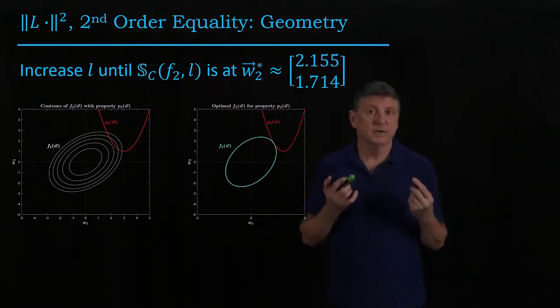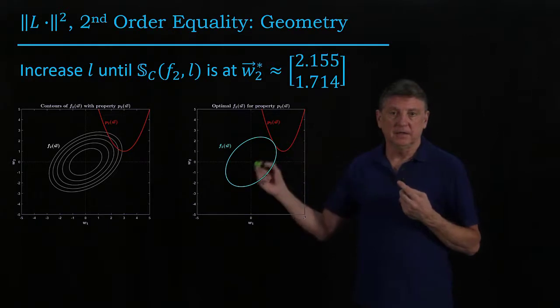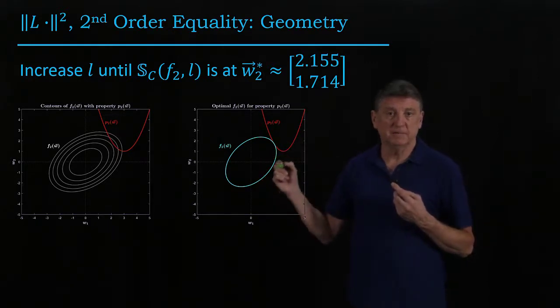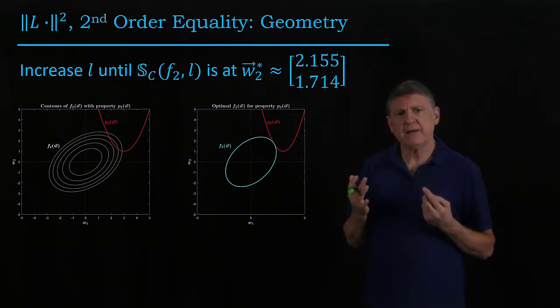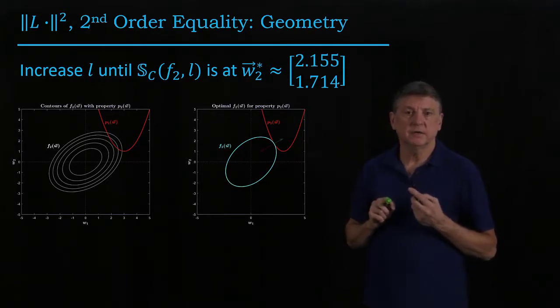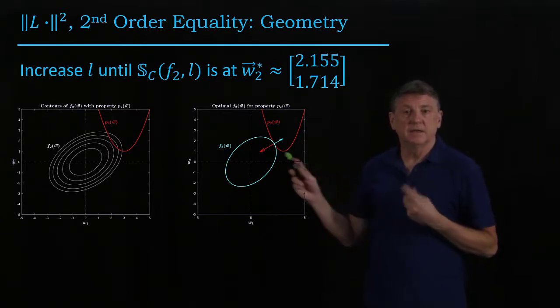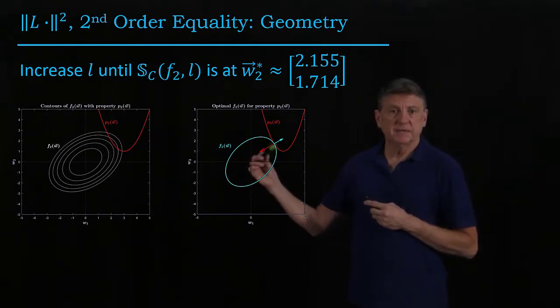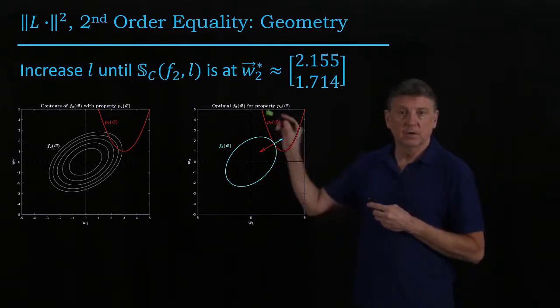So we already know how to compute the gradient. That is, given any point, we can compute the gradient of the objective function, and we can also compute the gradient of the property function. And what happens when we insert these numerical values into those two gradient computations? Well, when we transpose them, what we find is that the gradient for the objective is this cyan arrow, and the gradient at this point for the constraint function is this arrow.